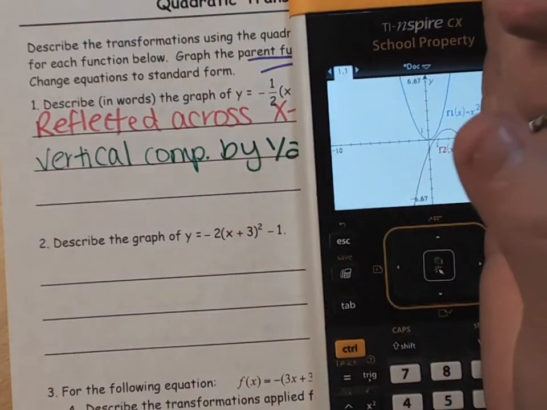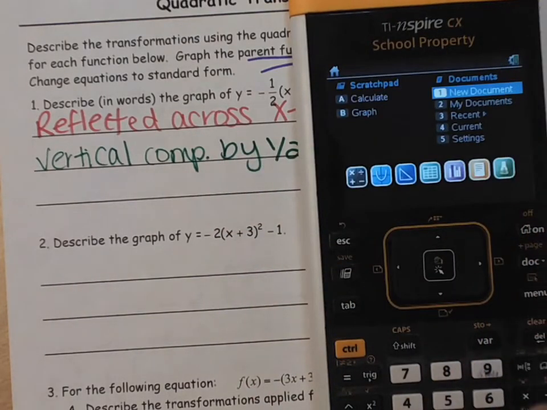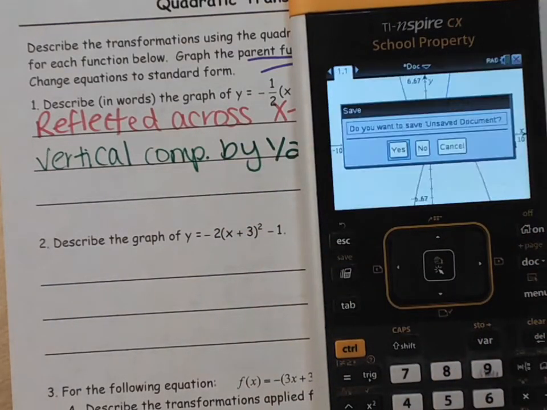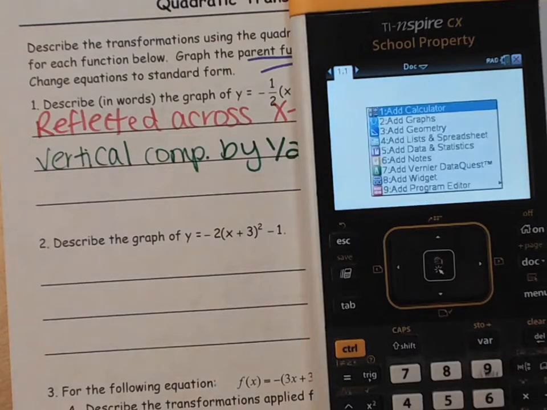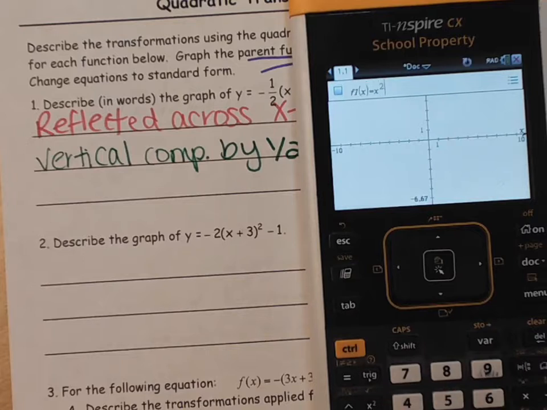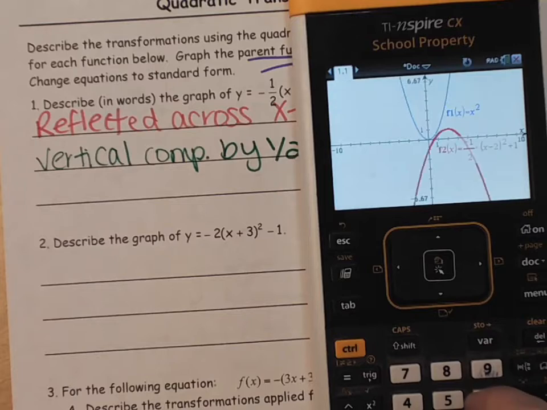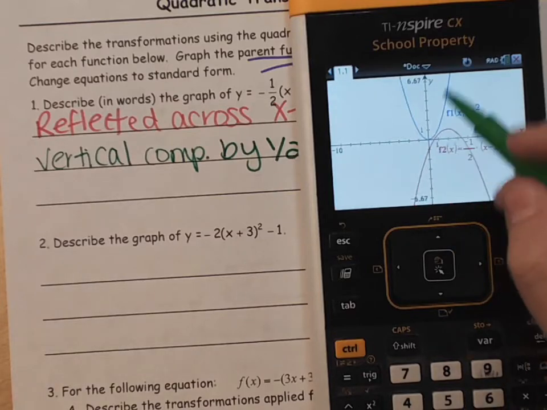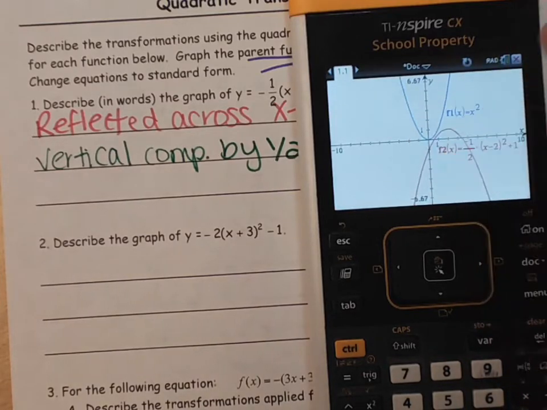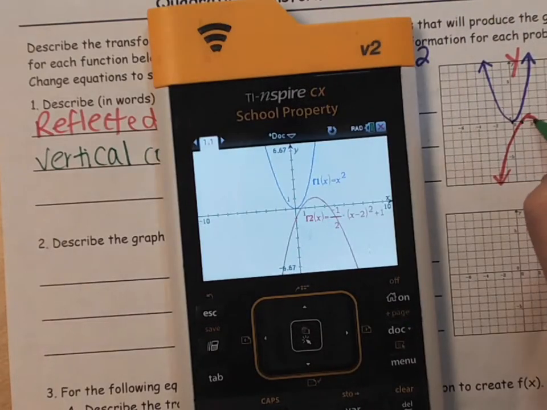Then what did it do? It went to the right. Let's go back really quick. I'm going to put it back in because I erased it. Okay, it went to the right. It went to the right how many? Here's the origin. It went to the right 1, 2.